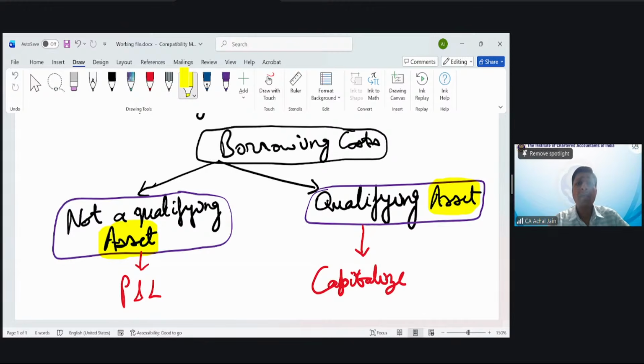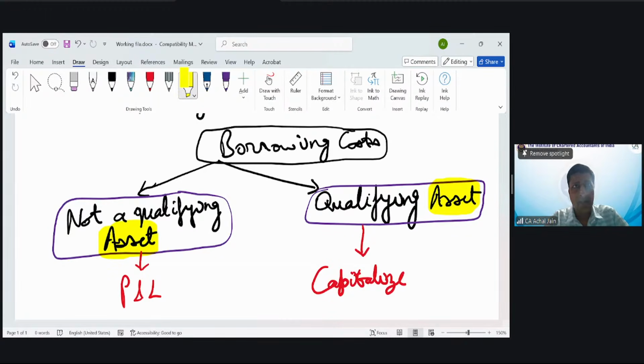Now, please remember, for a qualifying asset, what is the first step? It has to be an asset. Only then you will check whether it's a qualifying asset or not. So that's your first step to begin with. Some of the examples that we have taken are a building, or any sort of plant which is being set up, which takes say 2 years, 3 years to get completed.